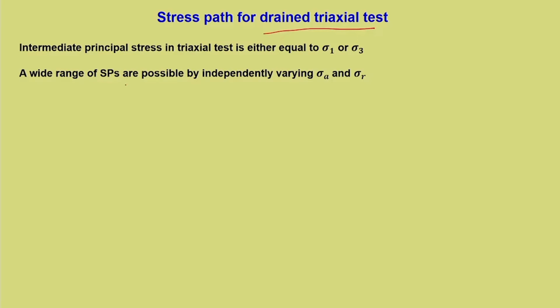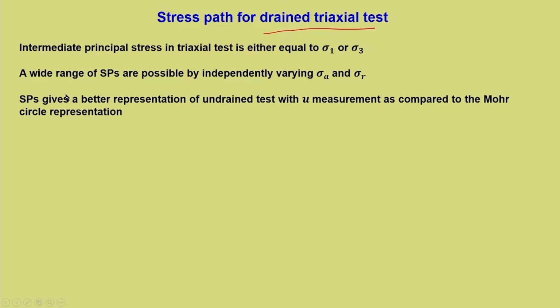A wide range of stress paths are possible by independently varying sigma A and sigma R. We know that in triaxial testing we have better flexibility in modulating the stress paths. Specifically, when we have a stress path triaxial system, it is very much possible to vary the stresses to suit the requirements of whatever scenario exists in the field.